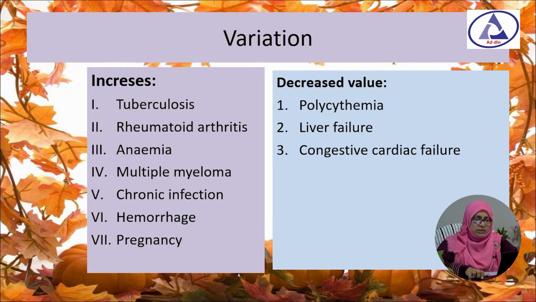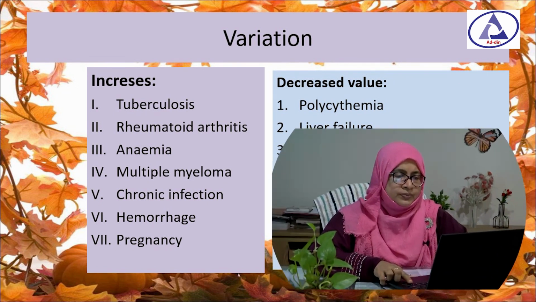It decreases in polycythemia, liver failure, and congestive cardiac failure. Physiologically, it usually increases in pregnancy and in menstruation, and also in old age. So these are the variations of ESR in different conditions.